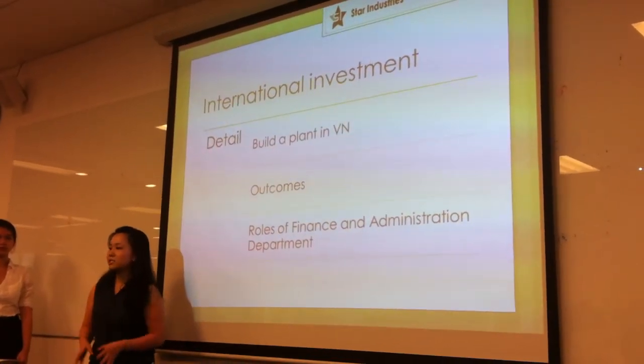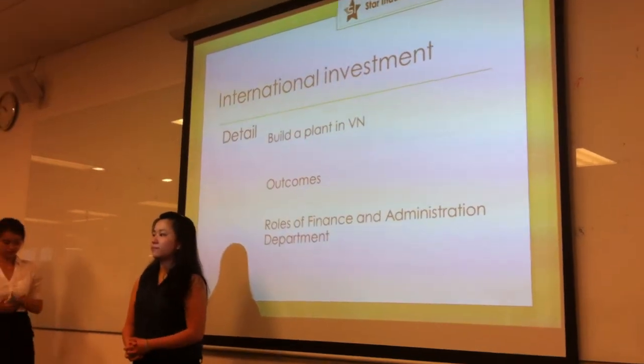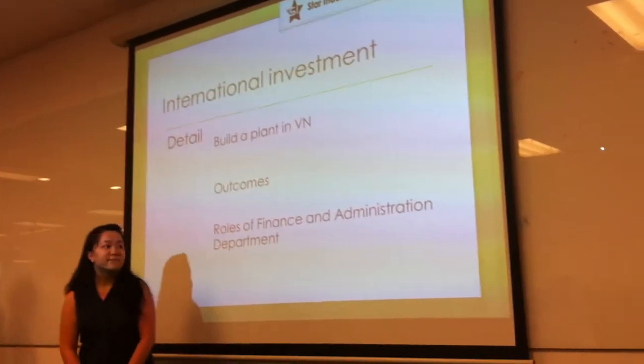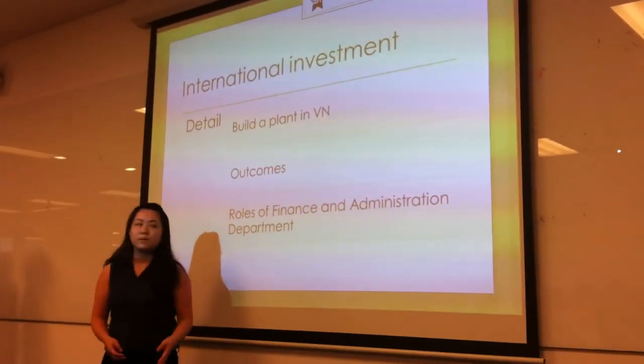And then finally, with the help of the property manager, we can protect our assets, our property, from unexpected risks, such as earthquake or fire that may happen and cause negative influence to our equipment. And then we will have to do maintenance on our equipment. Next, I will present the next strategy.